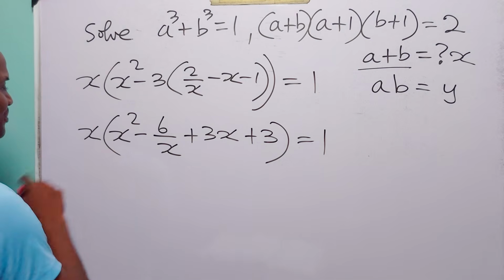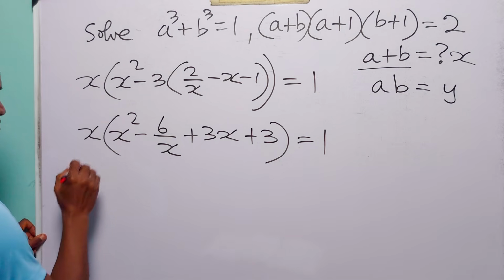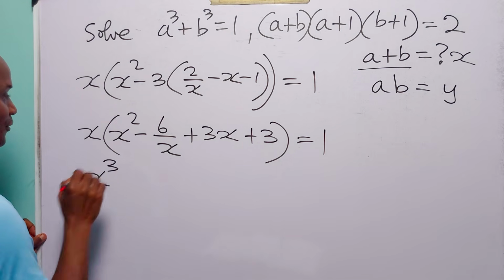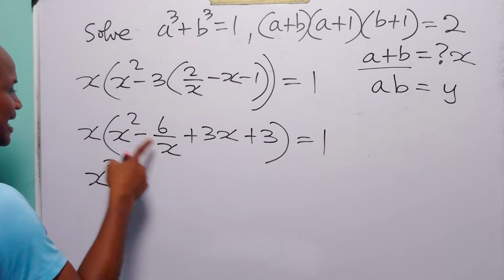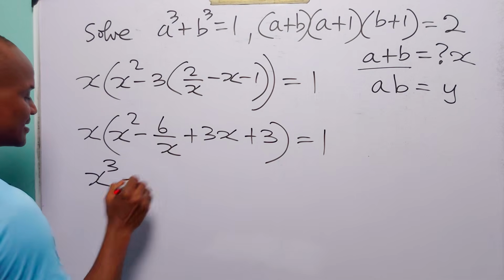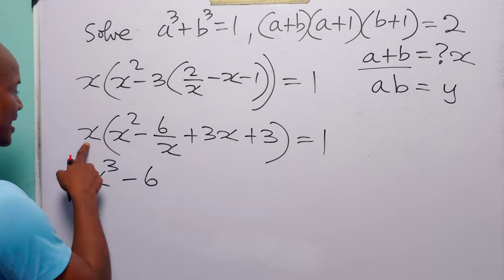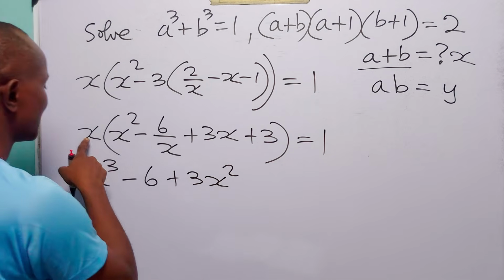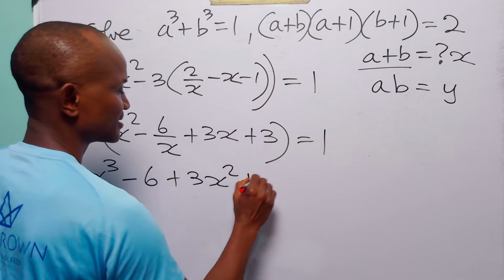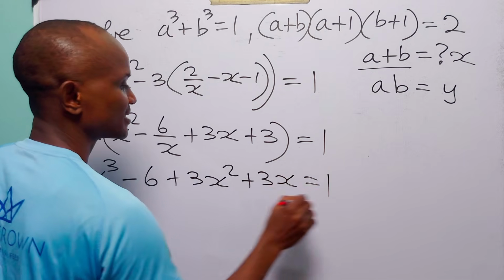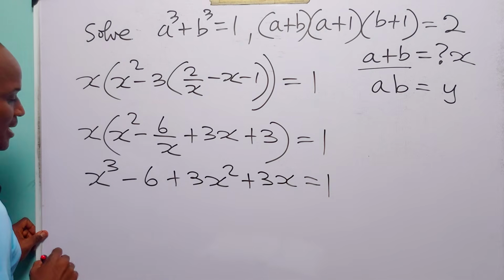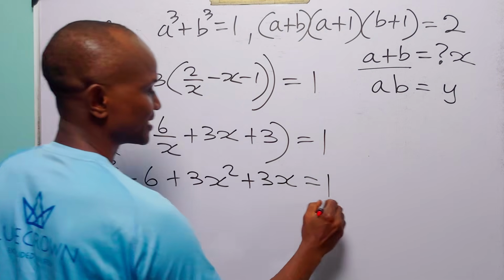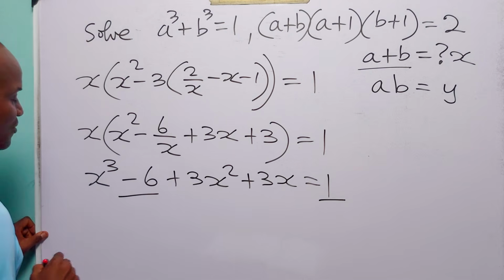Now let us open the big bracket. X times x squared is x cubed. X times minus 6 over x is minus 6. X times 3x is 3x squared. X times 3 is 3x. This is equal to 1. Now let us add 6 to both sides of this equation.